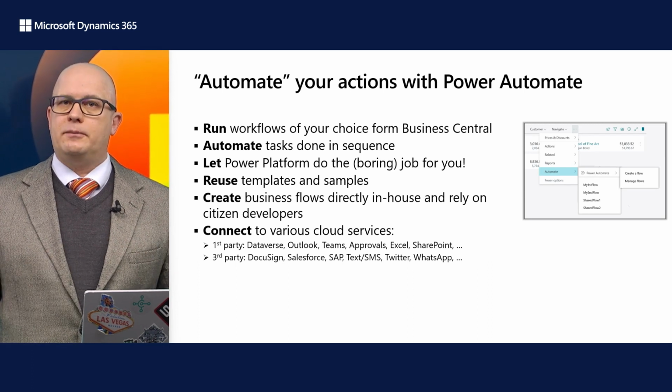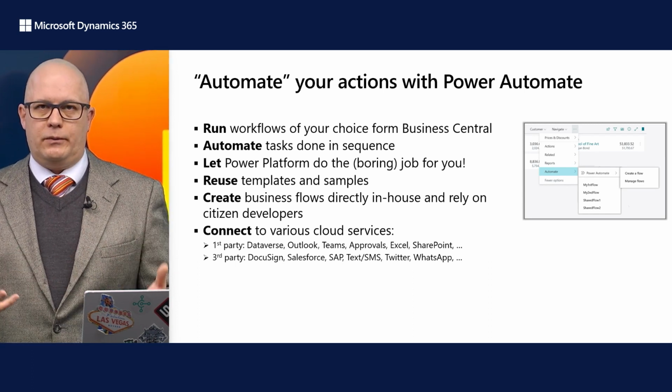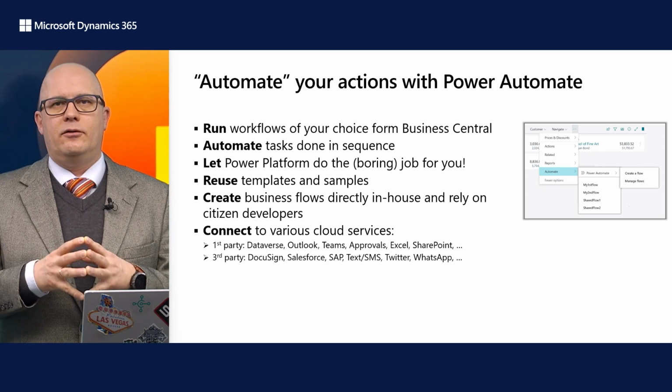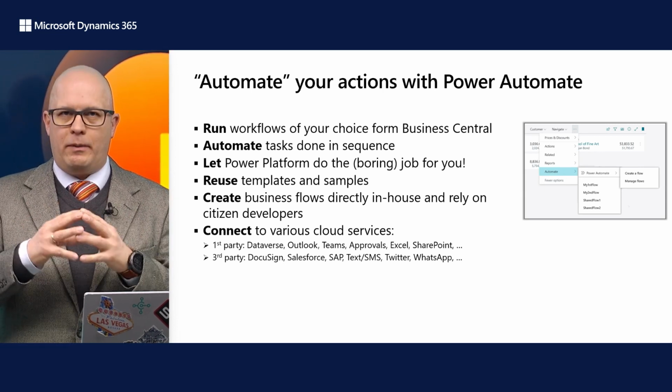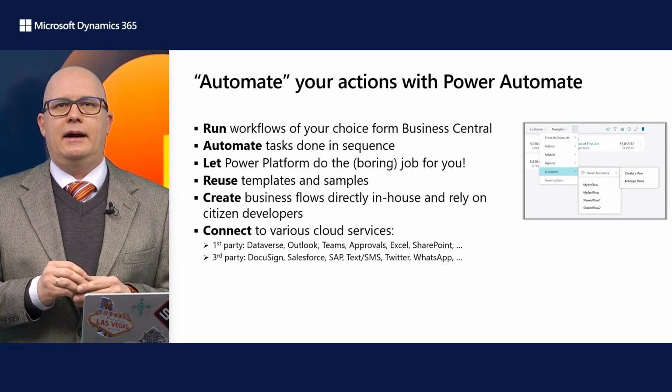But also third-party systems. For Power Automate and Power Apps, there is a huge catalog of connectors. You can see that you have connectors for DocuSign, Salesforce, SAP. There are connectors to receive text messages and even WhatsApp messages.